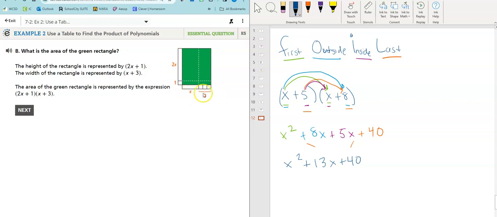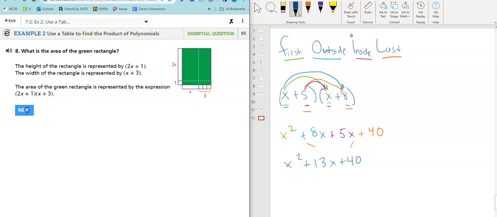So because we have these compartmentalized, we know that one side of this rectangle is 2x plus 1, so that's where they're getting this expression here. They know the other side of the rectangle is x plus 3. So here we have two binomials that we need to multiply. We can make a table or we can FOIL, and I'll probably show you a little bit of both.